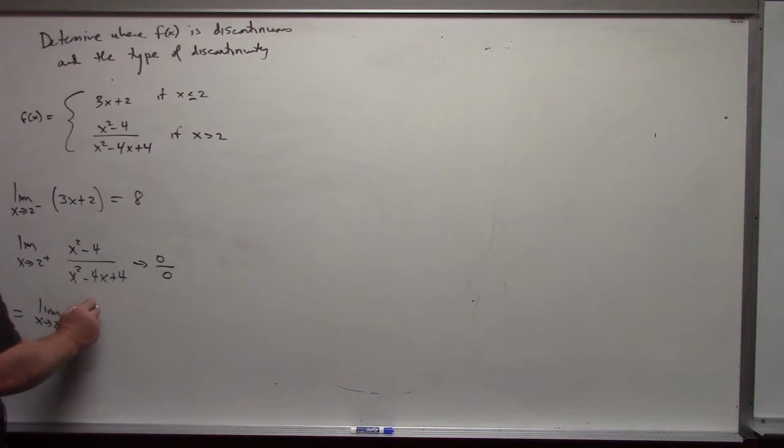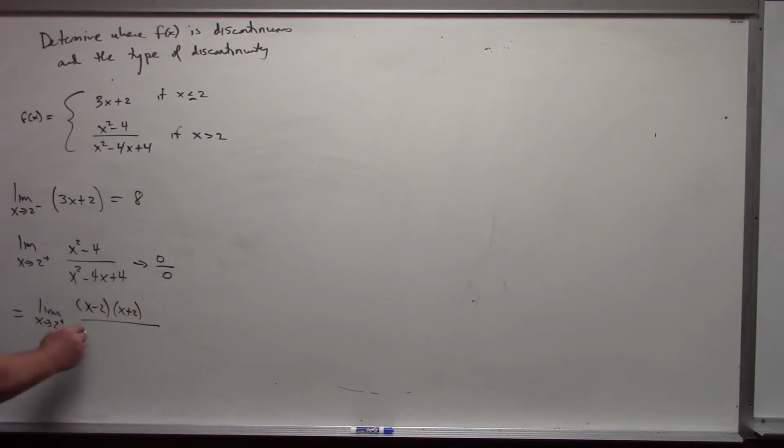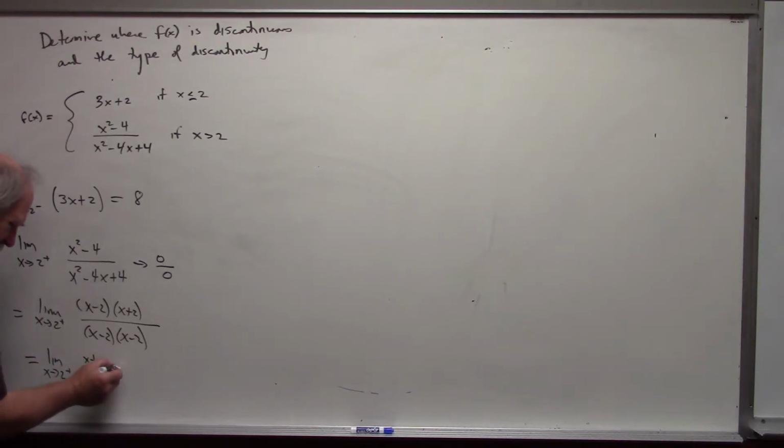This comes out to be x minus 2 times x plus 2 over, my denominator is x minus 2 squared, or x minus 2 times x minus 2. And so we end up with the limit as x approaches 2 from the right of x plus 2 over x minus 2. And notice now this is no longer indeterminate.